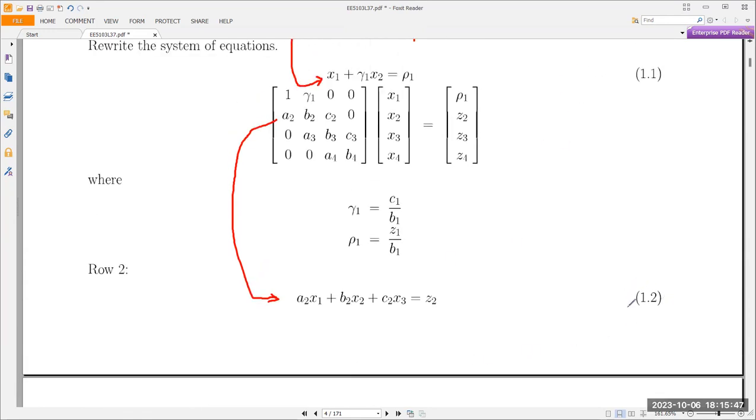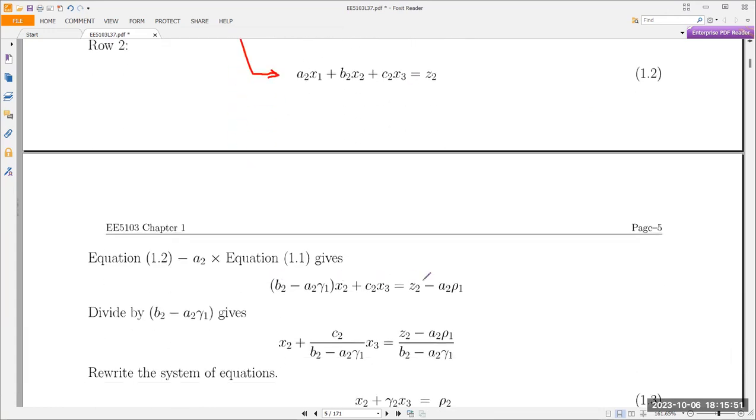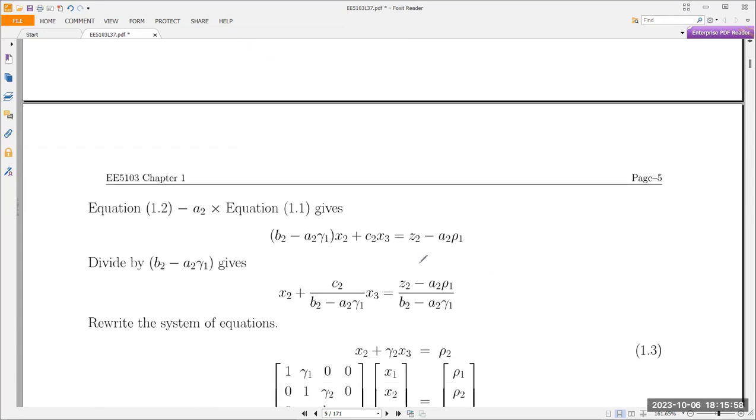So you take this minus A2 times this, and you will get this. This is secondary school again. Then divide throughout by this, so x2 becomes x2 here, and x3 is divided by this as well.